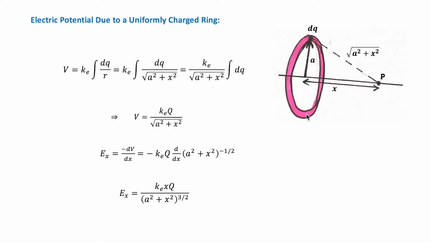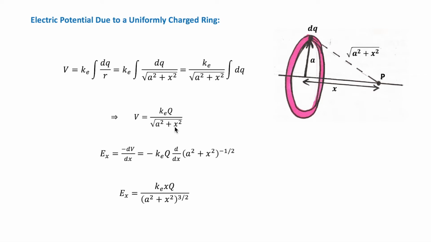So from symmetry, all points on the ring are at the same distance to P, right? And so V is equal to Ke integral of dq over r, and because the distance is the same for all dq's, we can take it out of the integral, and we get for V, KeQ, total charge, over square root of a squared plus x squared.